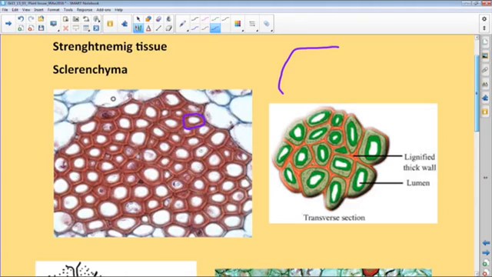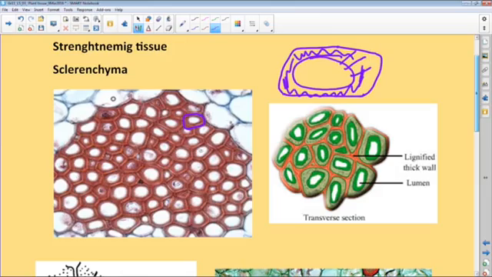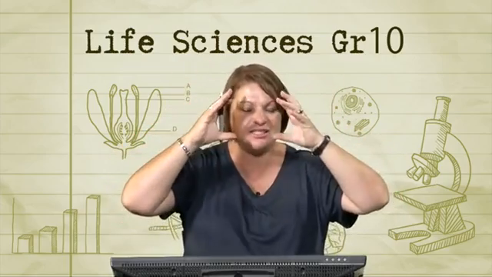All right, there we go. I thicken the whole cell wall, all of this. So instead of just doing the corners, I take the cell wall and I make the whole cell wall thick.